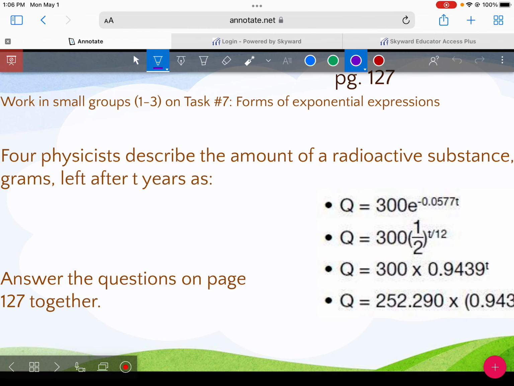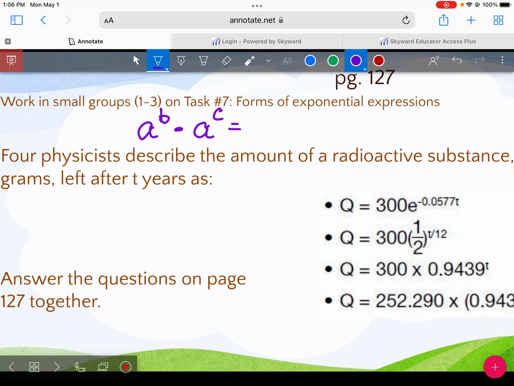a to the b power times a to the c power. Does anybody know this or recall this by chance? A to the what? What did you say? Not quite.